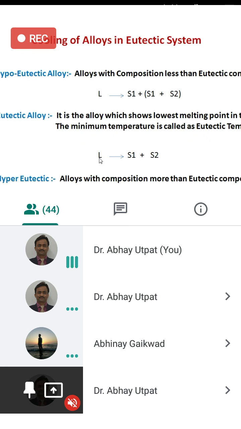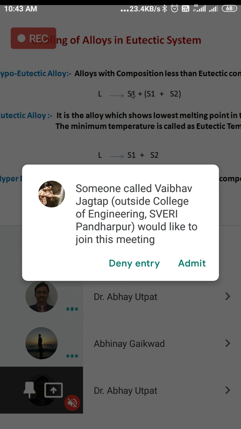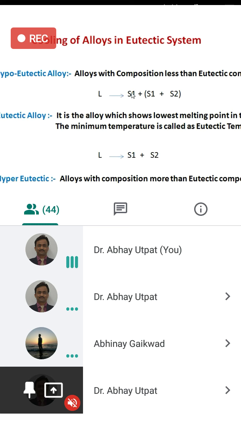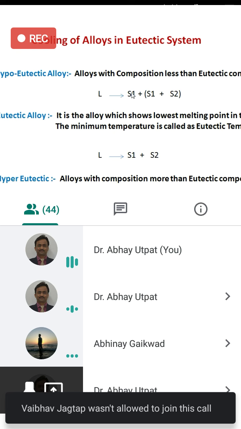Whatever I have explained, I have written here. Hypoeutectic alloy with composition less than eutectic composition. See what I have written: liquid that gives S1 plus, in brackets, S1 plus S2. This S1 plus S2 is a mixture and S1 is pure S1.